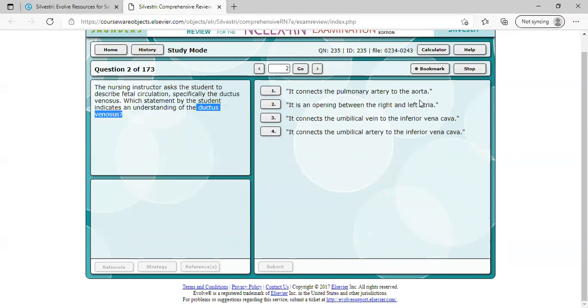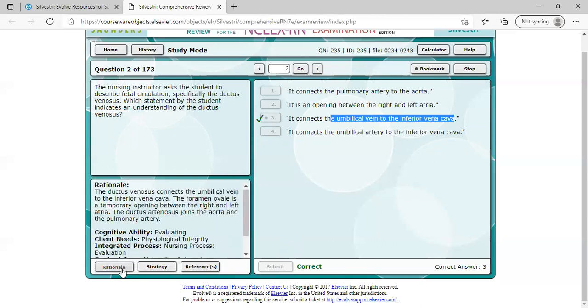No. It connects the umbilical vein to the inferior vena cava. So this is the information we learn. Number four, it connects the umbilical artery. No, it is the umbilical vein. So we chose number three.